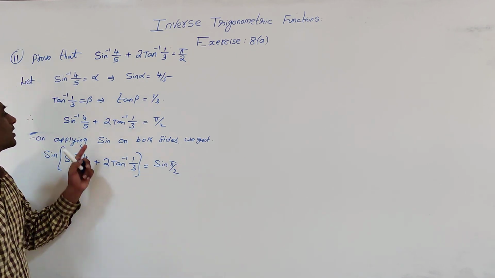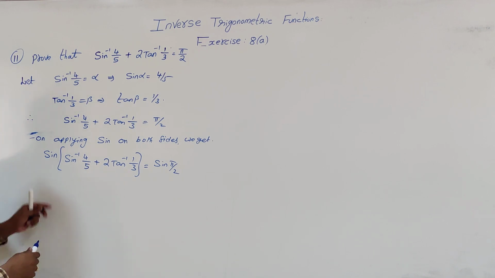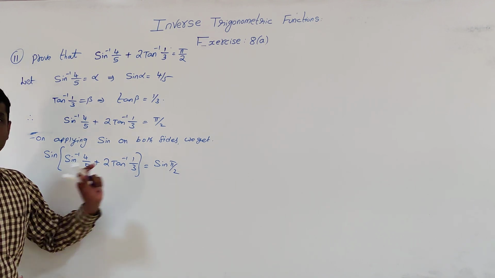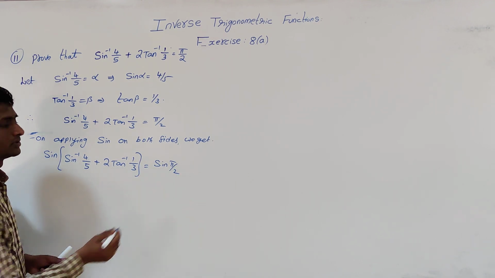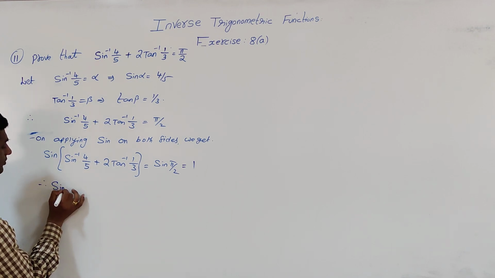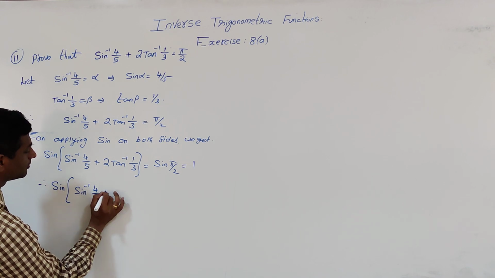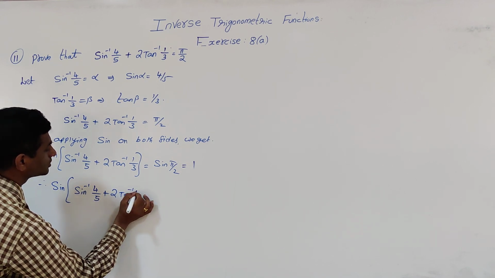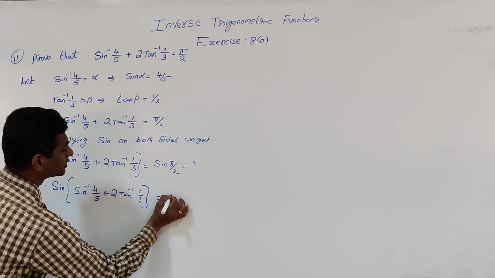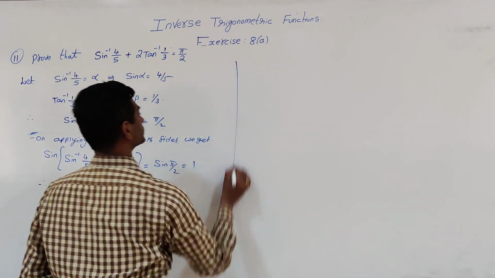Since sine 90 is 1, directly we can have 1. So therefore sine of (sin inverse 4/5 plus 2 tan inverse of 1/3) is equal to 1. Means we have to prove it is equal to 1 by taking the LHS.